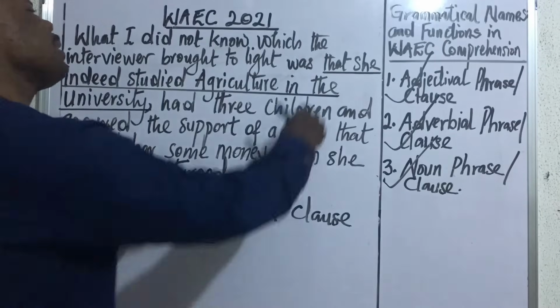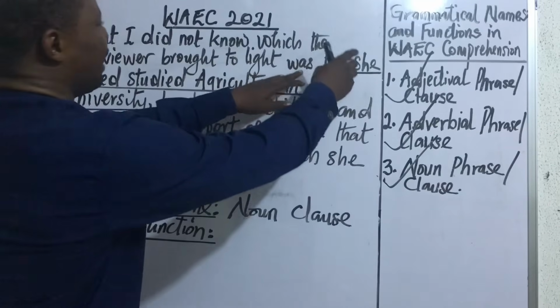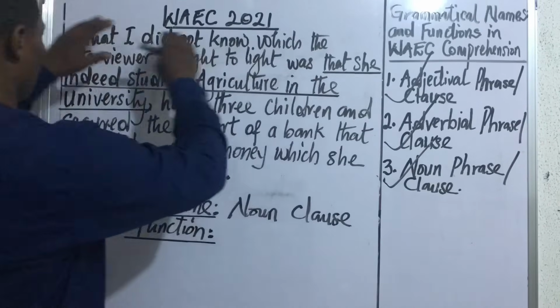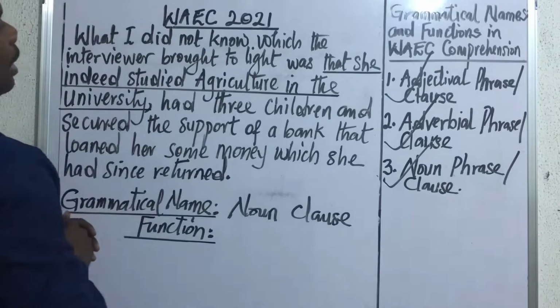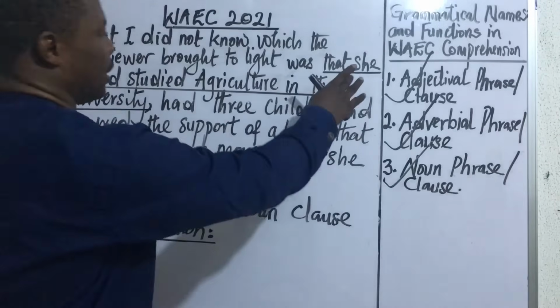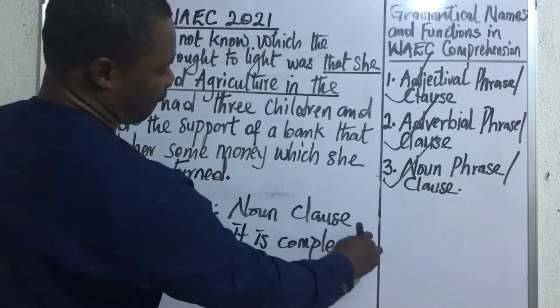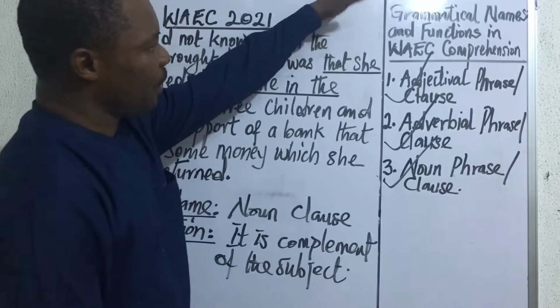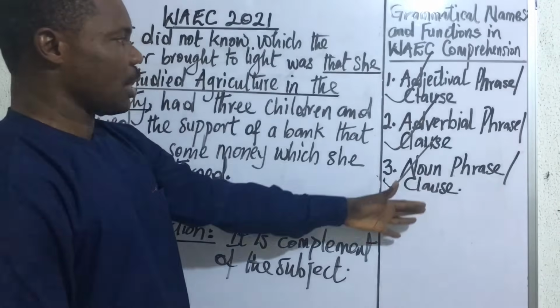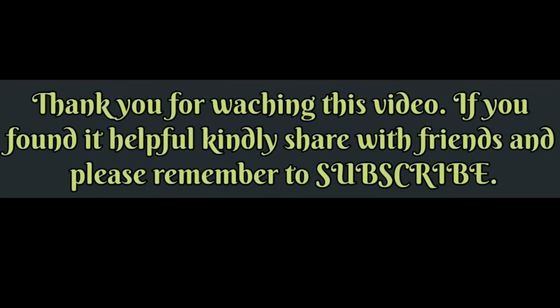And we said that when the noun or the noun clause or phrase comes after a linking verb, then it is working for the subject of the sentence. And if it's working for the subject of the sentence, you conclude that it is complement of the subject. So you're right. So this is how to identify grammatical names of expressions and to state their functions in WAEC comprehension.